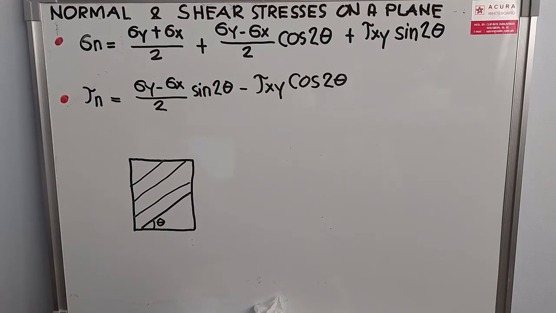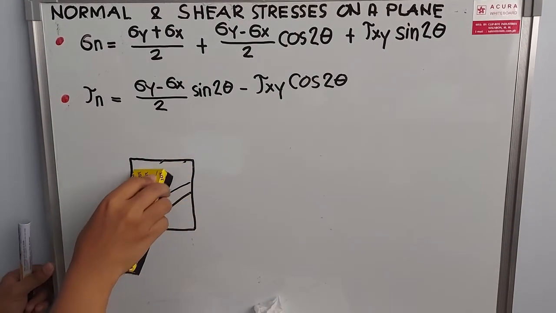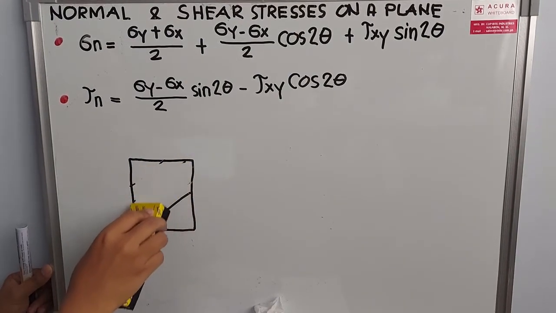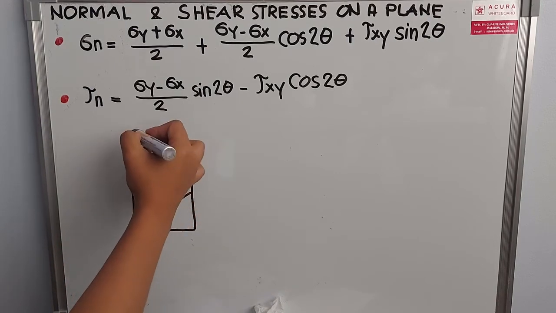But if you have different orientations, you will get different values for shear stress and normal stress. Now, there is an orientation of a plane that has no shear stress.